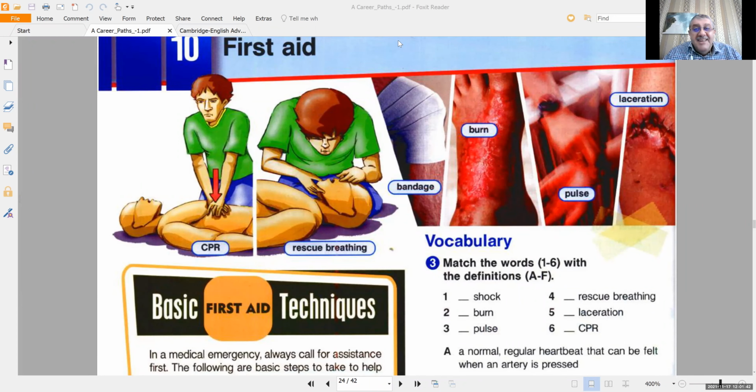Yes. I am trained in basic first aid techniques. Apply pressure to the injury to stop the bleeding. So we need pressure. Apply pressure.